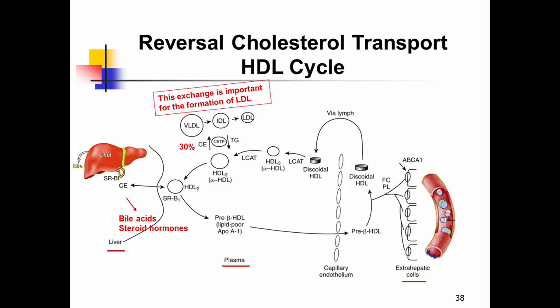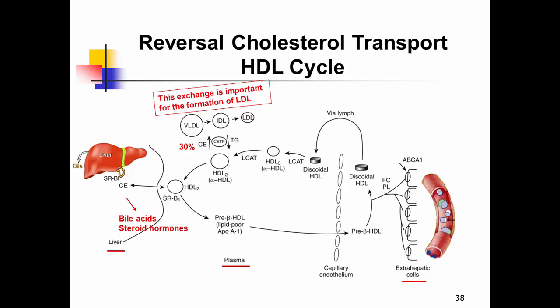First of all, the esterification of free cholesterol in the discoidal HDL, and this is done by the enzyme LCAT. It's an enzyme that catalyzes esterification of free cholesterol within the discoidal HDL.